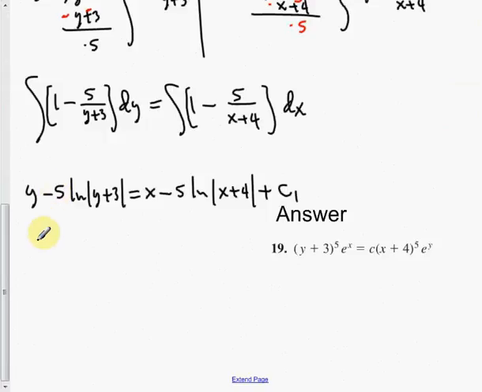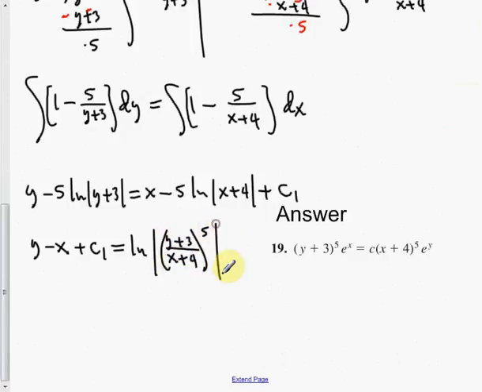So here what I have is y minus x plus that constant there is equal to the natural log of the absolute value of y plus 3 over x plus 4, and that's raised to the 5th power.